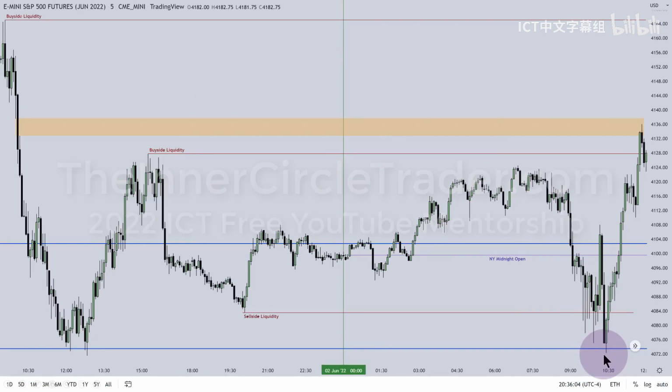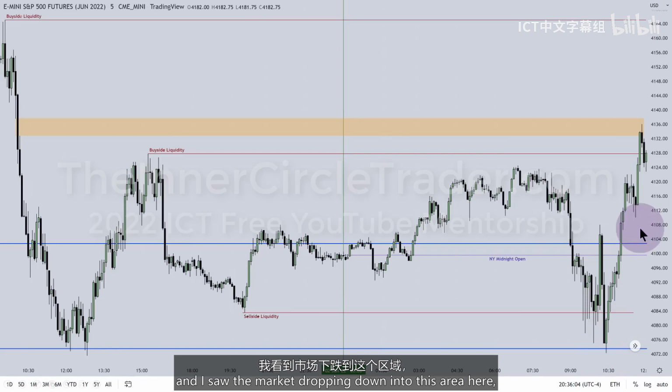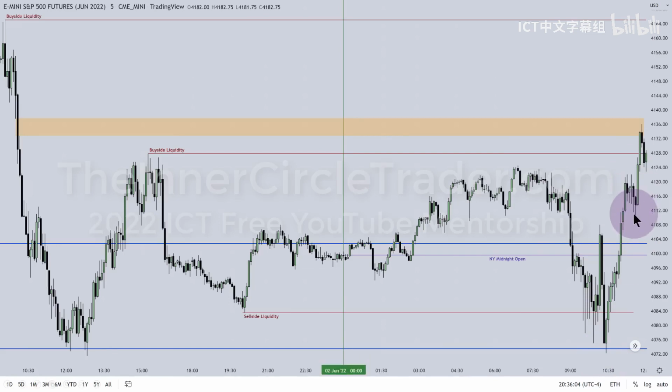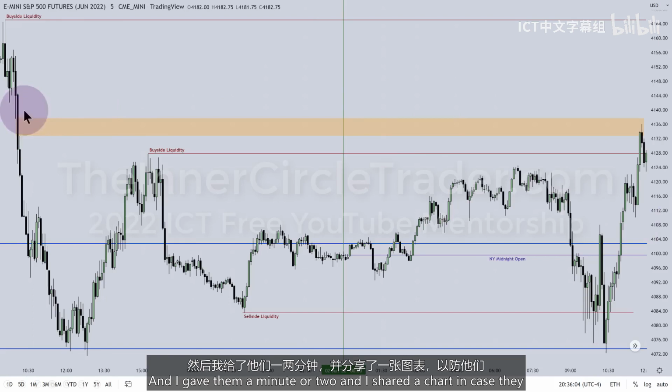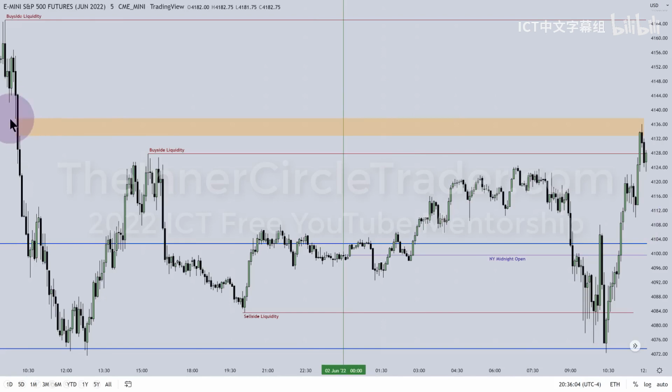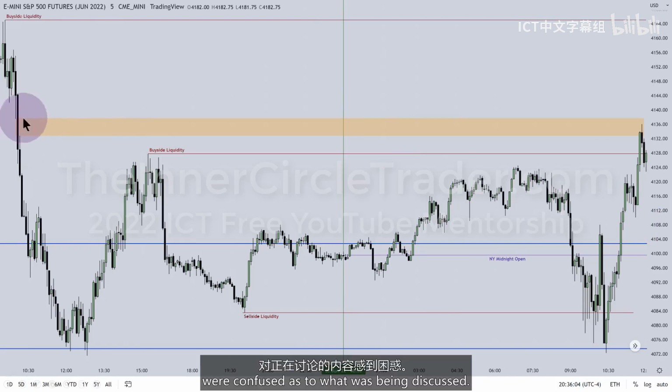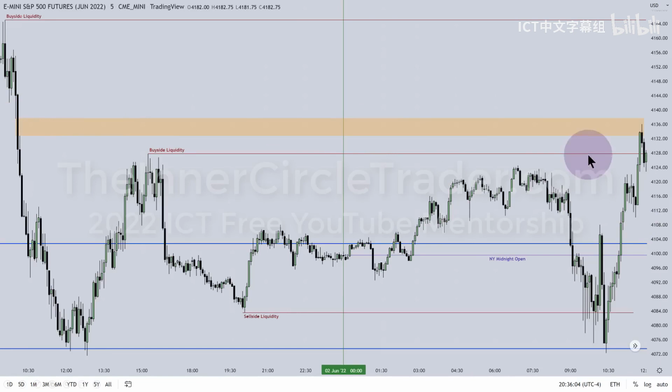But once I got back to the screens and I saw the market dropping down into this area here, I tweeted and I asked everyone on Twitter if they could find the 5-minute fair value gap above price. And I gave them a minute or two, and then I shared the chart in case they were confused as to what was being discussed.